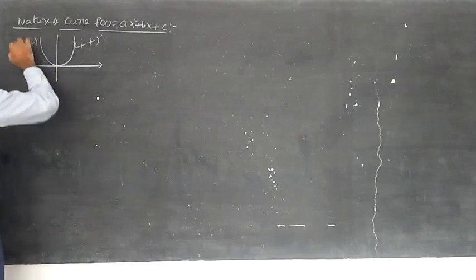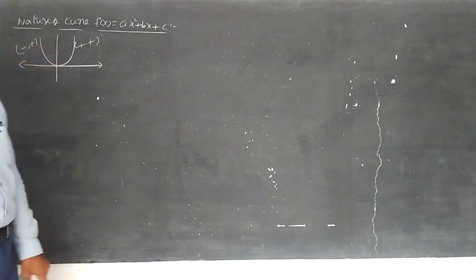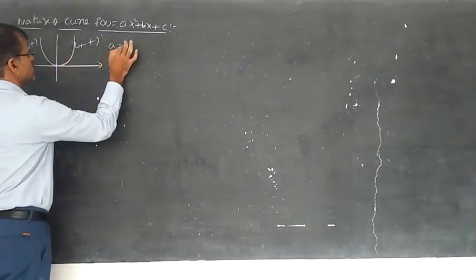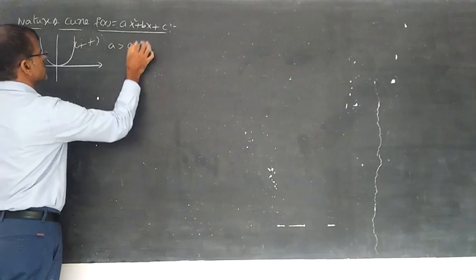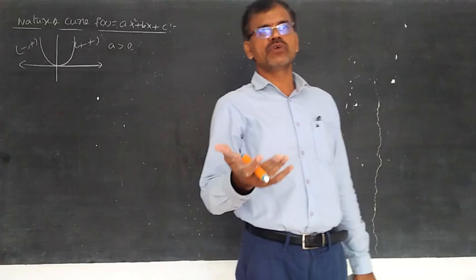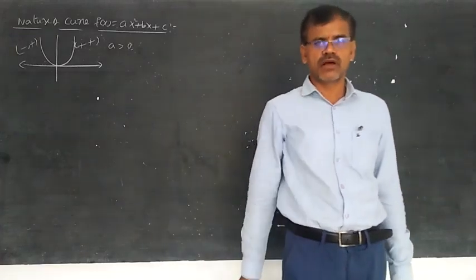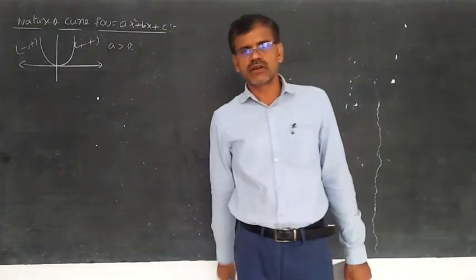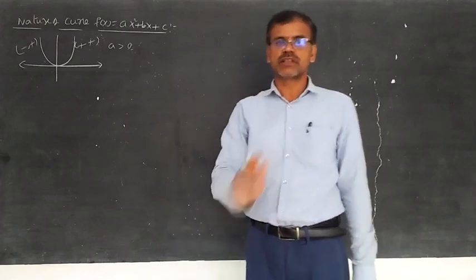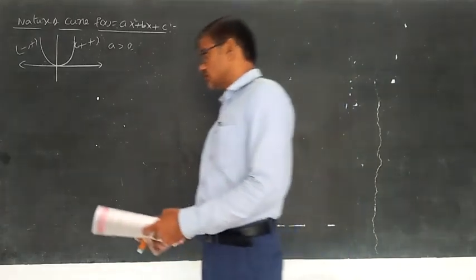Plus plus and minus plus, that's all. If a greater than 0, don't put 0 here. I want to discuss with you here. If a greater than 0, the curve, as we have learnt, is an upward parabola. Whether it touches or intersects or neither touches nor intersects depends upon delta.